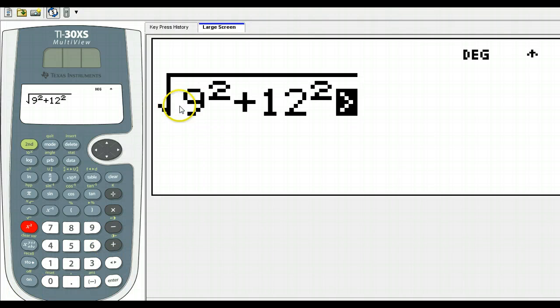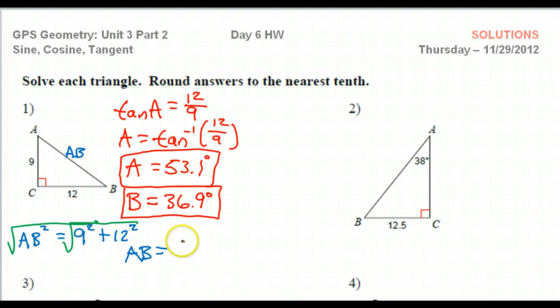Really, I would just type this into my calculator like this. I would get away from squaring the 9 and squaring the 12 and doing all the steps separately. Let your calculator do that work for you. So it's 15. AB is equal to 15. So there's the 3 things, 1, 2, 3.